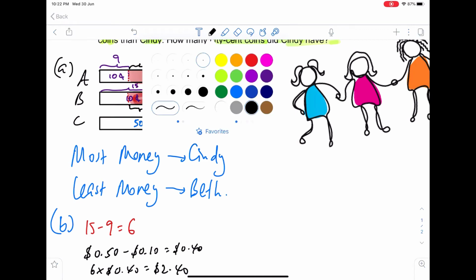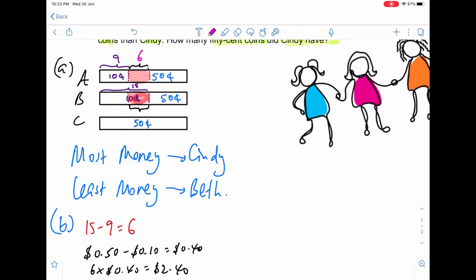Another way to do this is to find the value of the 6 50-cent coins, which is $3, and take away the value of the 6 10-cent coins, which is 60 cents, and the difference is the same, $2.40. That's another way of completing this part B.